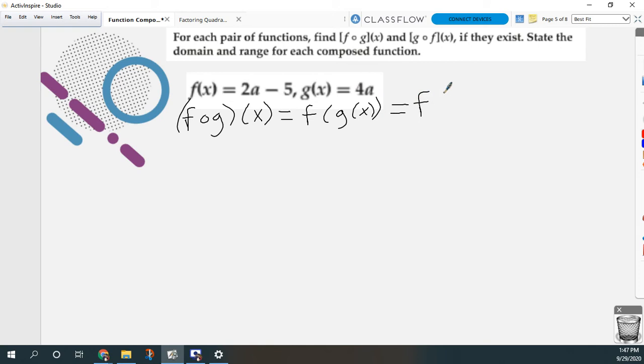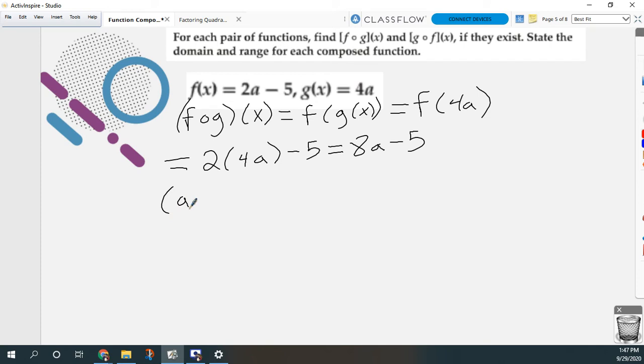So I'm going to plug in g of x, and then I'm going to plug that into my f. So I get 2 times 4a minus 5, so I get 8a minus 5.